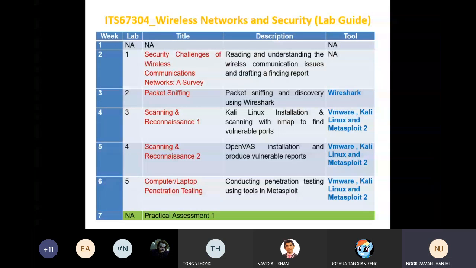In week number 4, lab number 3, we will use Kali Linux. You will find many manuals again on the Times for its installation, how to scan, and how to do these things. Everything is available there. We will require the software for this week: VMware, Kali Linux, and Metasploitable 2.